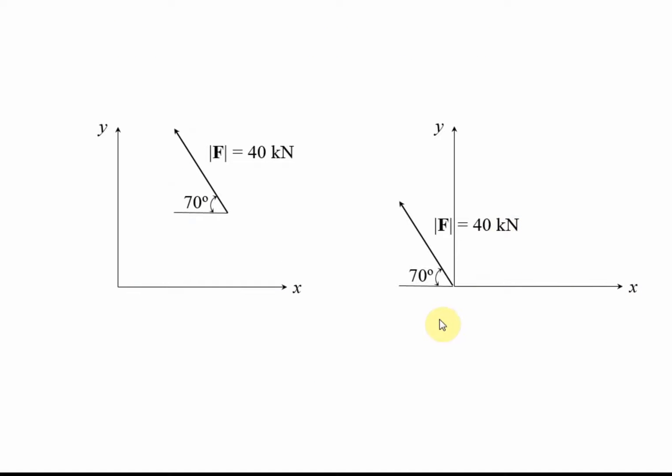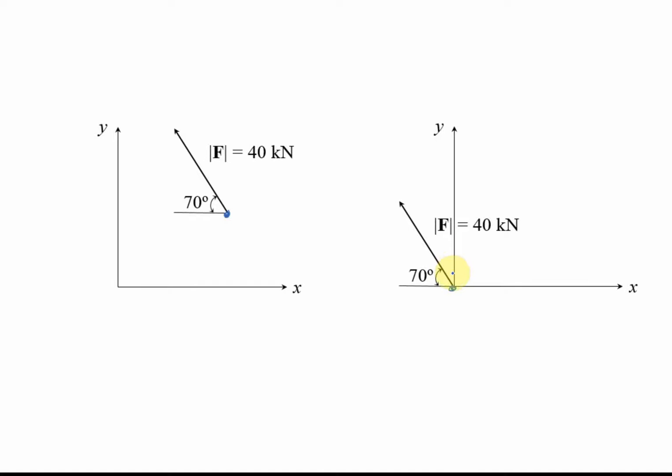So right now, if we just talk about the free vector, there are two vectors between the left and right side. But in terms of free vectors, these two vectors are equivalent. It is exactly the same. But if you talk about the bound vector, because on the right side the vector starts from this origin, however on the left side the vector starts from an arbitrary point on the xy plane, we consider these two vectors different.